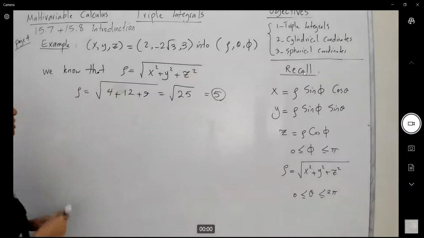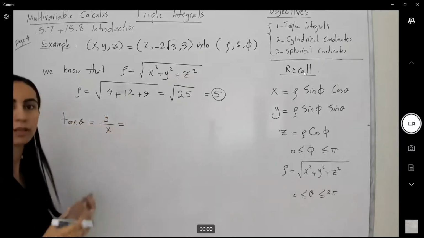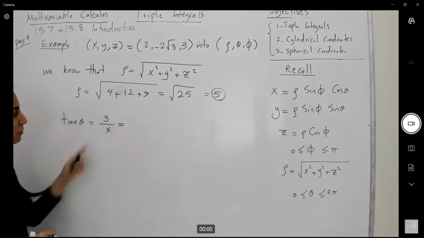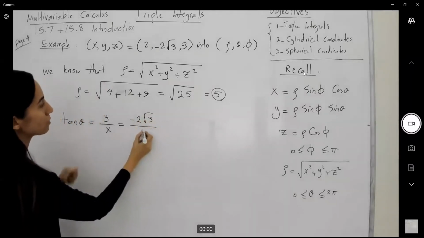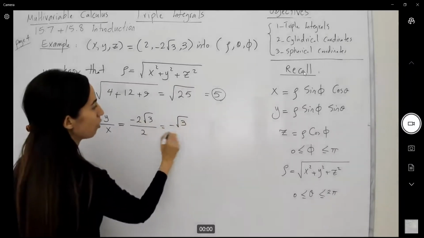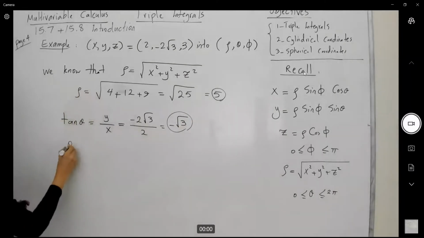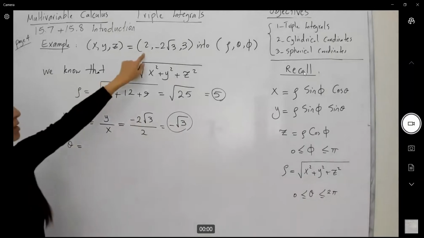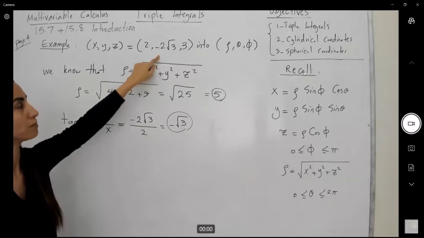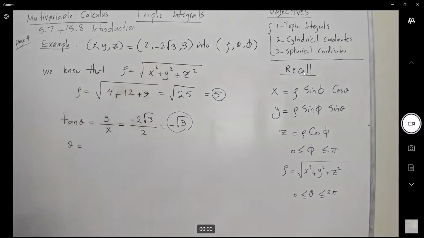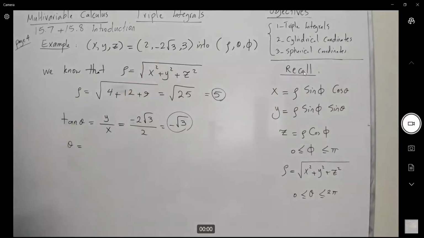At the same time, you know that tangent of theta is y over x. So let us use the information that we learned before. Y is equal to negative 2 square root of 3 divided by x, which is 2. So you get negative square root of 3 over 1, or just negative square root of 3. What would be our theta? Okay, x is positive and y is negative, which means your point is in the fourth quadrant.